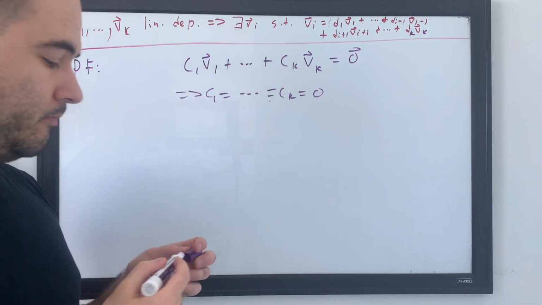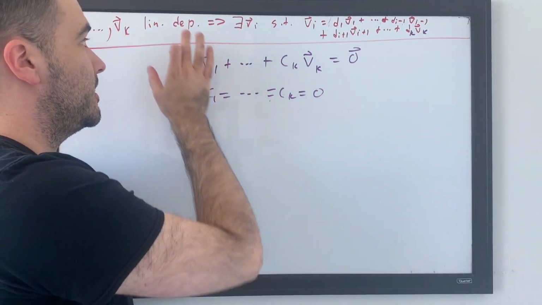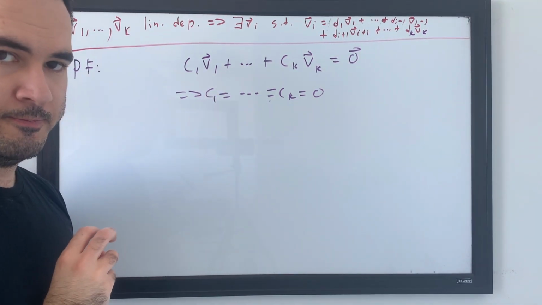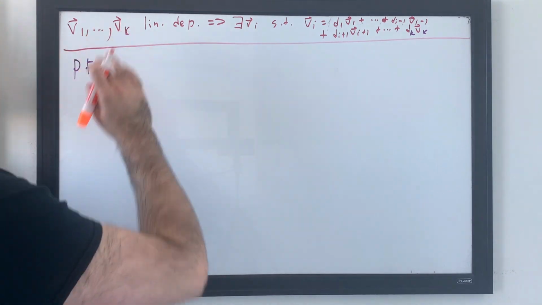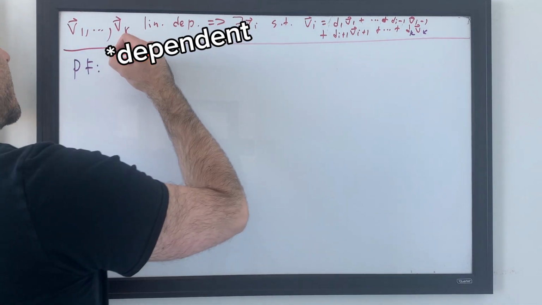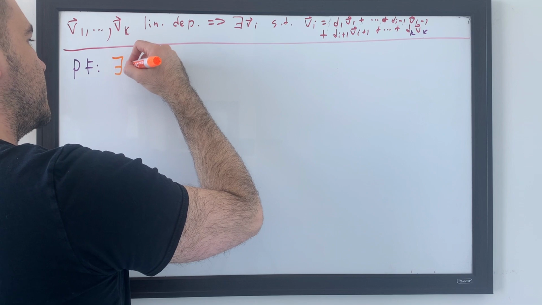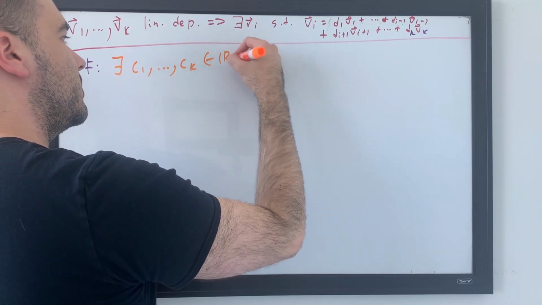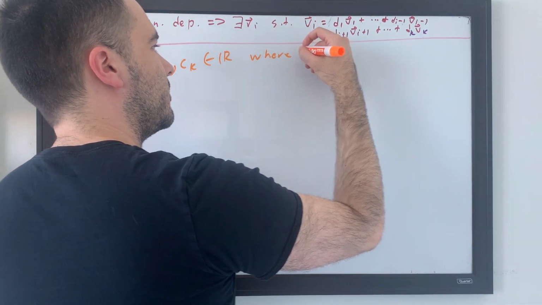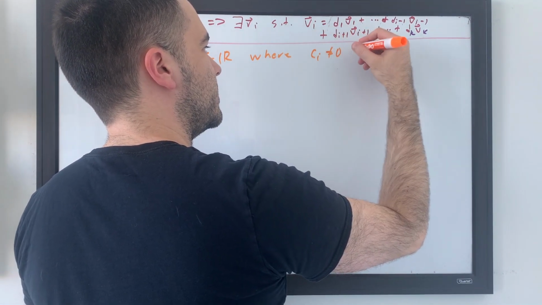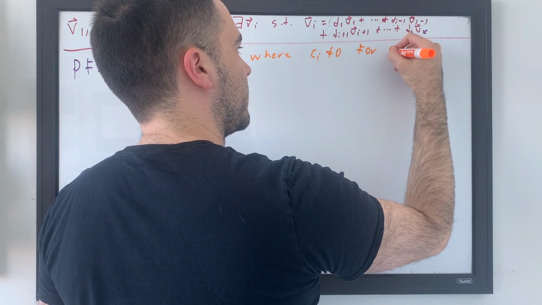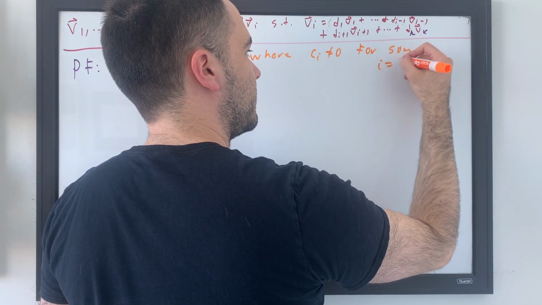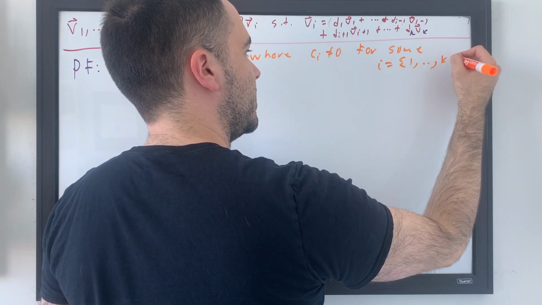Now, in the case of linear dependence, this is the opposite, where we need at least one of these to not be 0. So because v1 to vk are linearly dependent, we must have that there exist c1 to ck that are real numbers, where ci is not equal to 0 for some i that is between 1 and k.